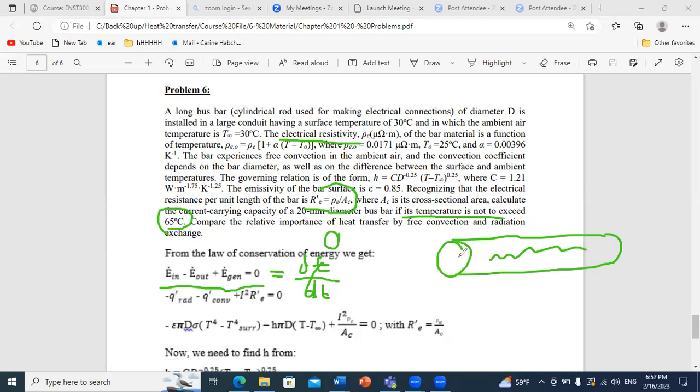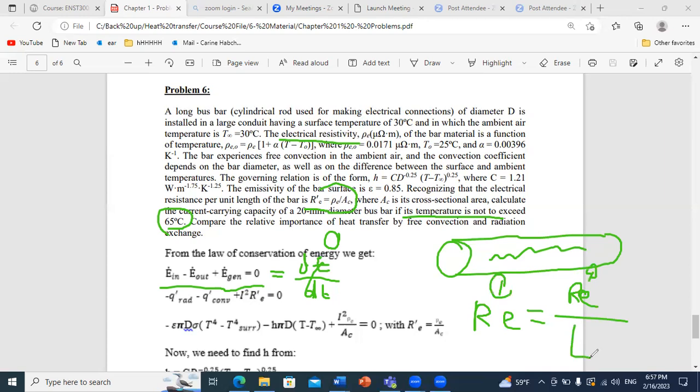So to compute R prime electric, what is R prime electric? R prime electric is the resistance per unit length. It's the electrical resistance RE over the length. So as usual, whenever we put a prime, it's per unit length.